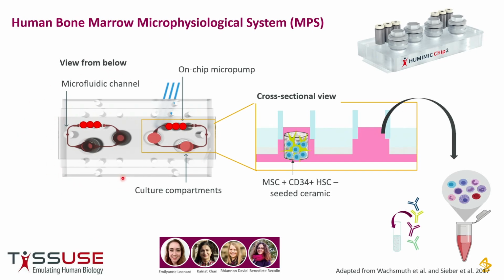We have this bone marrow chip in which we have two compartments. In one of them, we have a scaffold representing the bone structure, and it is there where we have mesenchymal cells to create the stem cell niche, hematopoietic stem cells, and all the bone marrow progenitors. We sample from the other compartment, and there is a constant circulation of fluid between the two compartments.